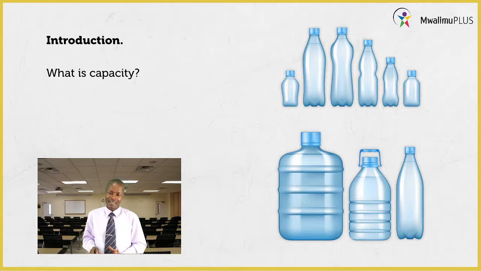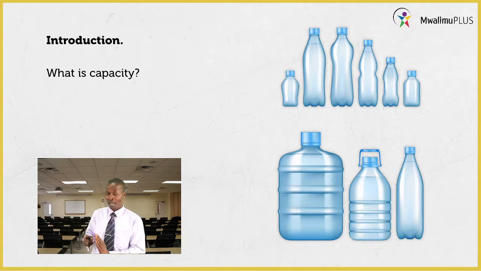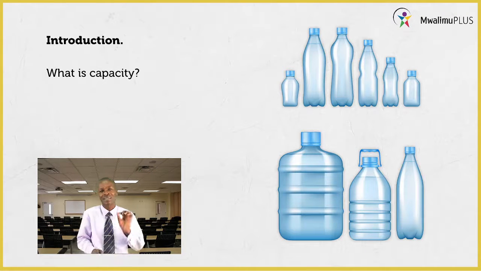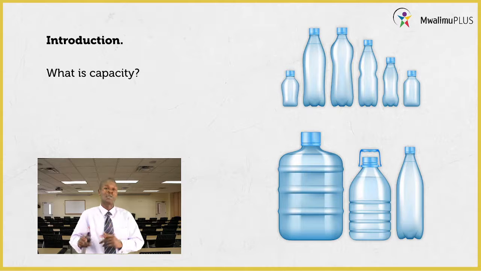Then, if you start from your extreme right, you'll see that the containers are small and then gradually become bigger and bigger as you move towards your left, except the very last bottle, which has the same capacity, or the same volume, as the first one.